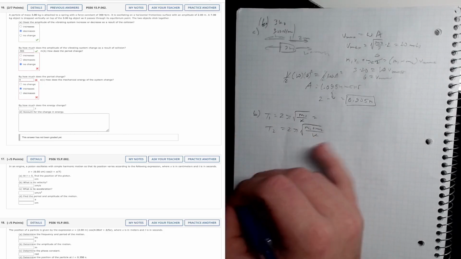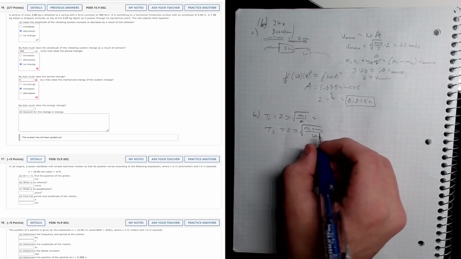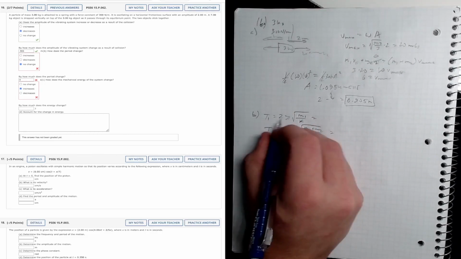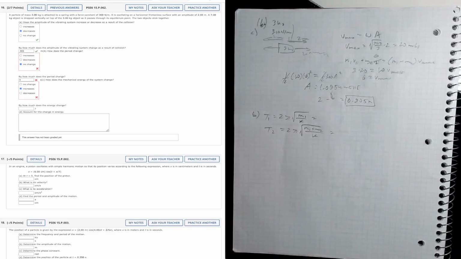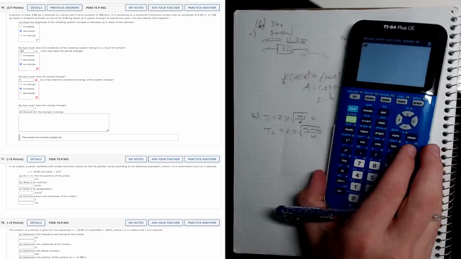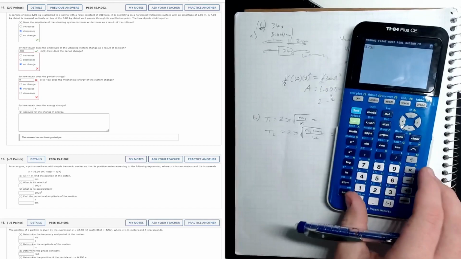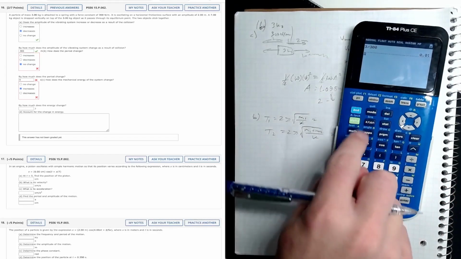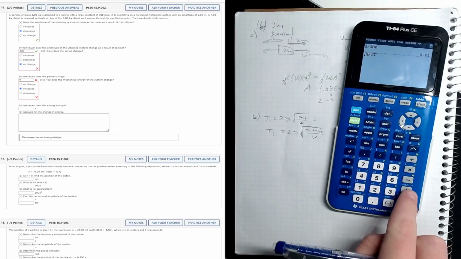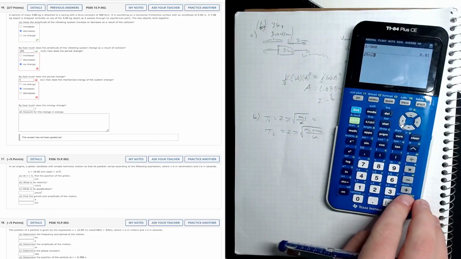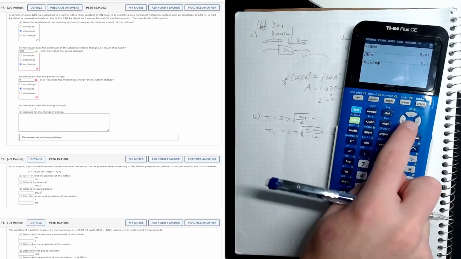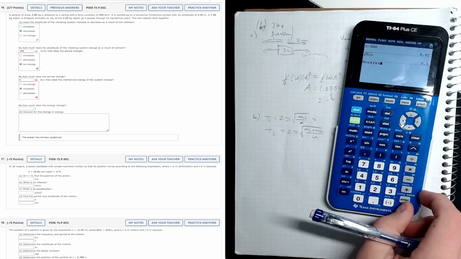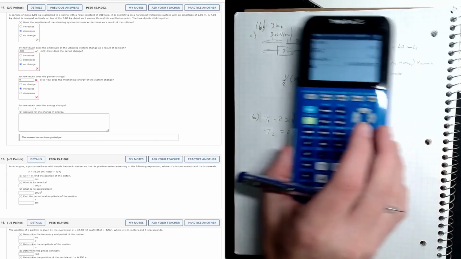That's going to be a new period because it's going to be combined masses over k, instead of the first mass. So first mass over k, 3 over 300, 1/100th. 3 divided by 300, square root of that, times 2 times pi is that.